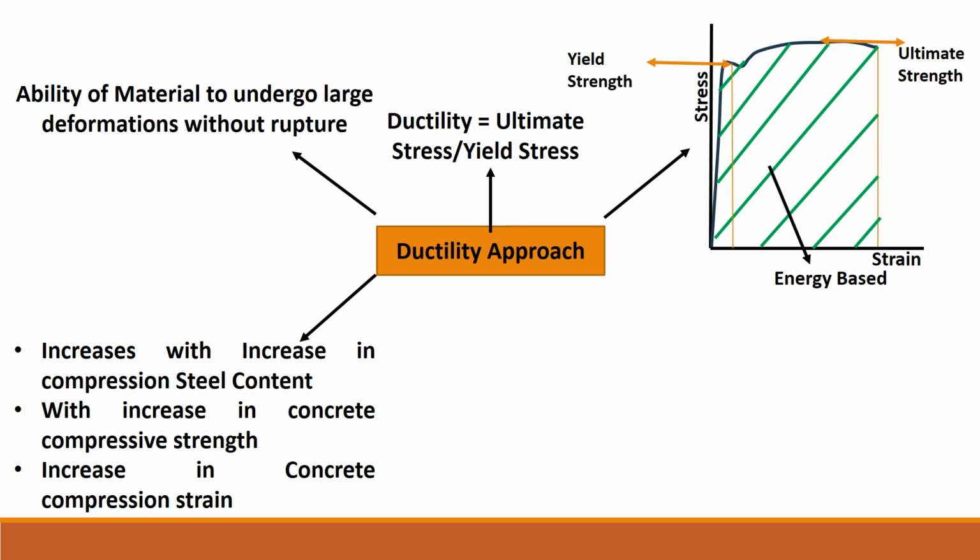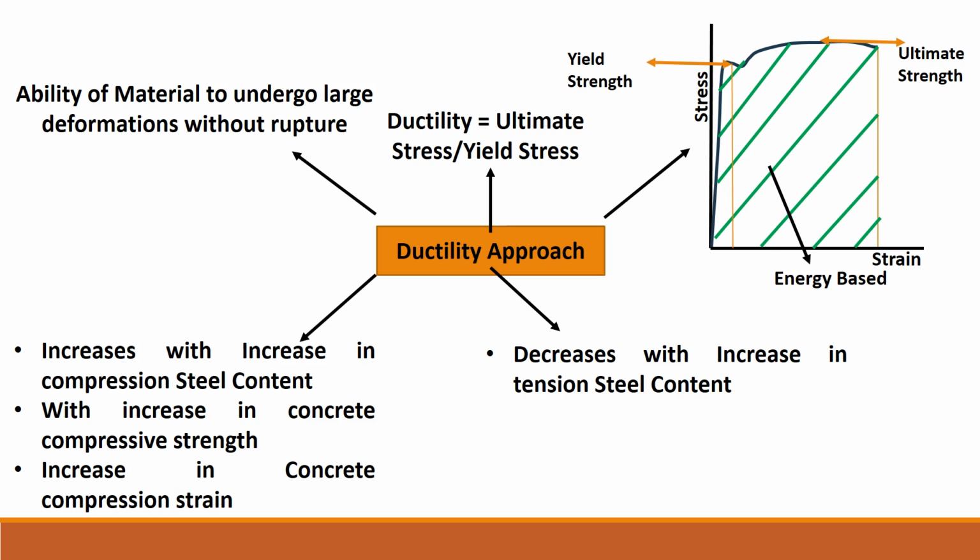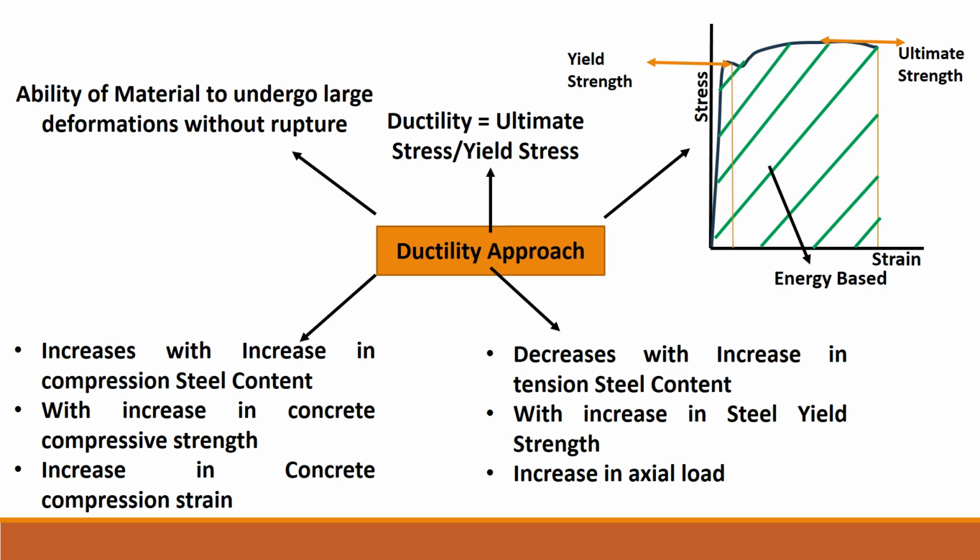But at the same time, when we are increasing tension steel content, and that has to do with making it over reinforced, the ductility is decreased. Similarly, when we are increasing the steel yield strength, the ductility decreases. And when we are increasing the actual load on the structural element, the ductility increases.